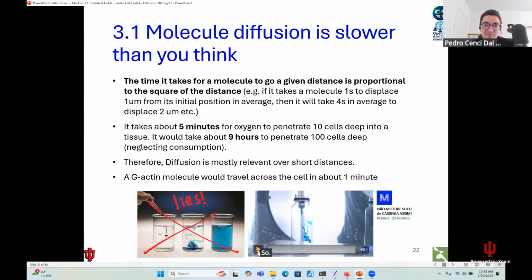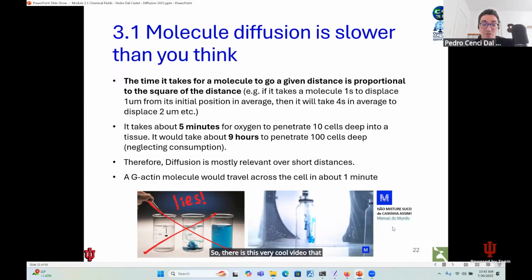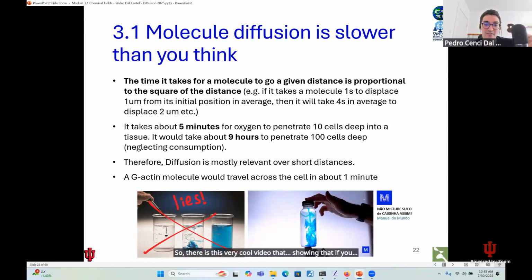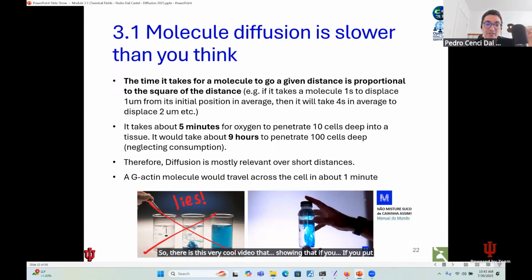So there is this very cool video showing that if you put dye very carefully in water, making sure that the water is sitting still and the density of the dye is very similar to the density of water, then it looks as if the dye is frozen in time, which is very cool.